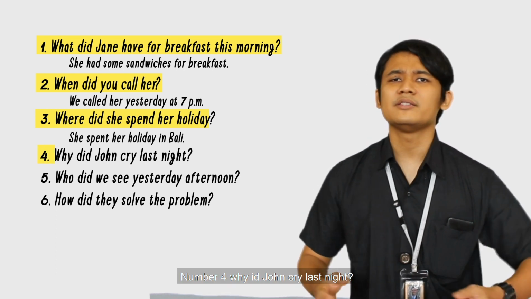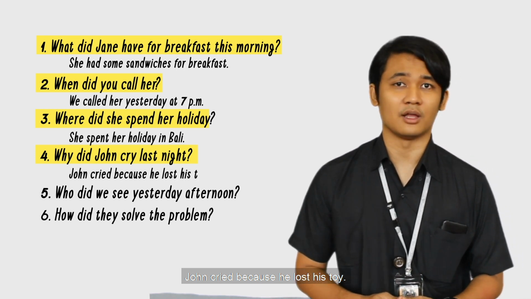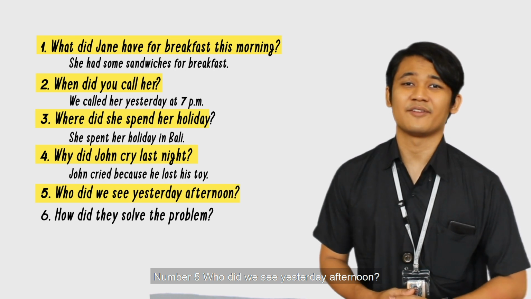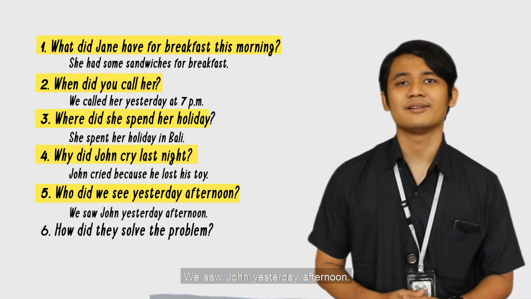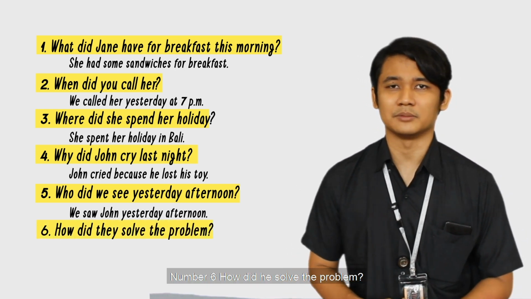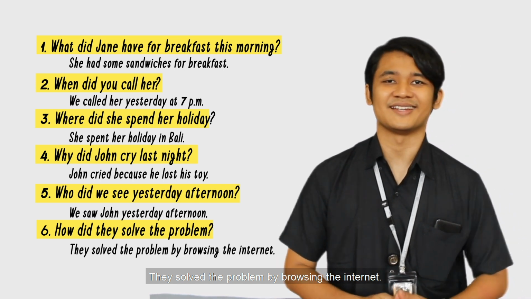Next question. Why did John cry last night? He cried because he lost his toy. Next. Who did we see yesterday afternoon? We saw John yesterday afternoon. And the last number. How did they solve the problem? They solved the problem by browsing the internet.